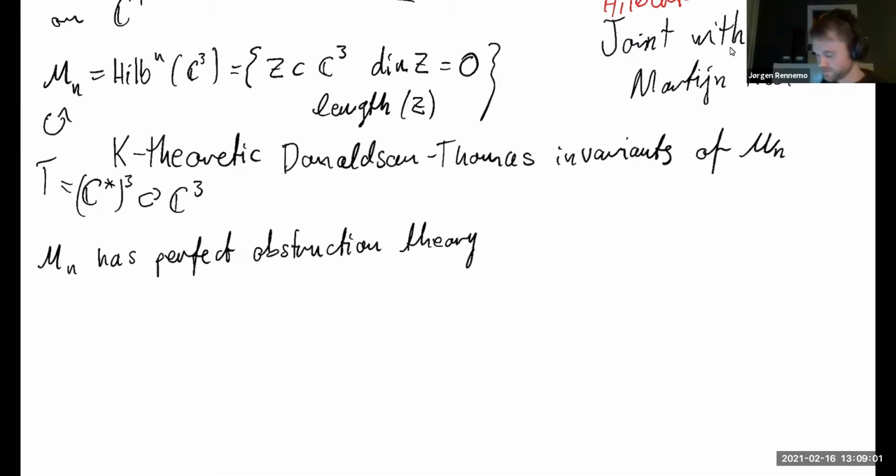Anyway, so Mn has a perfect obstruction theory, which, it's not super important what that is technically, the full rigorous definition isn't important for us.